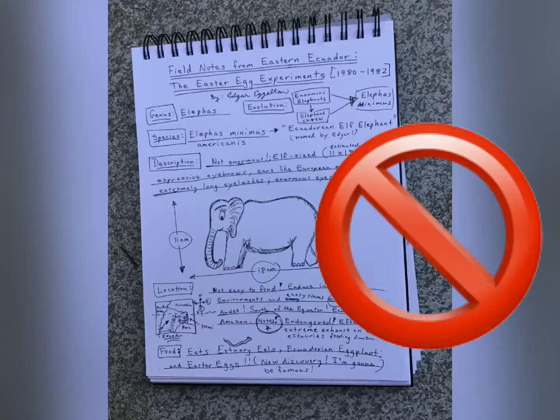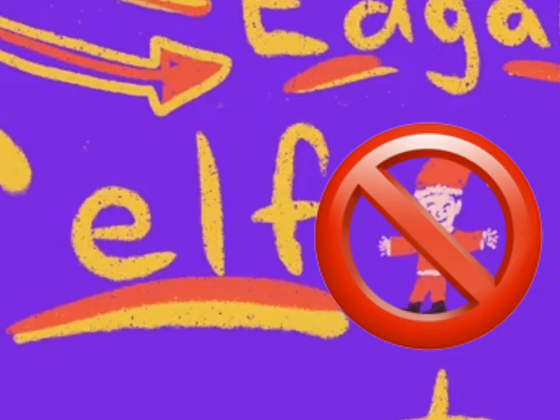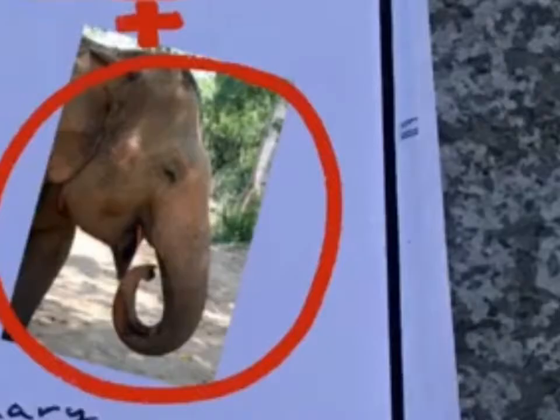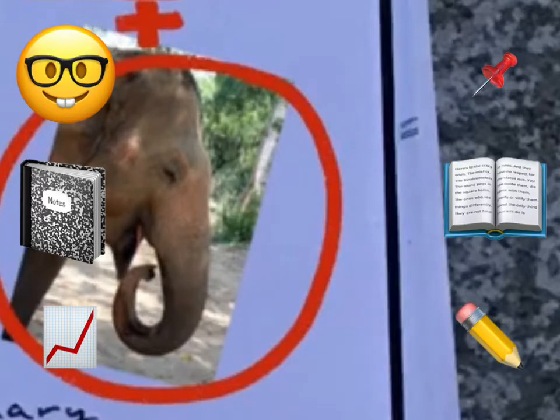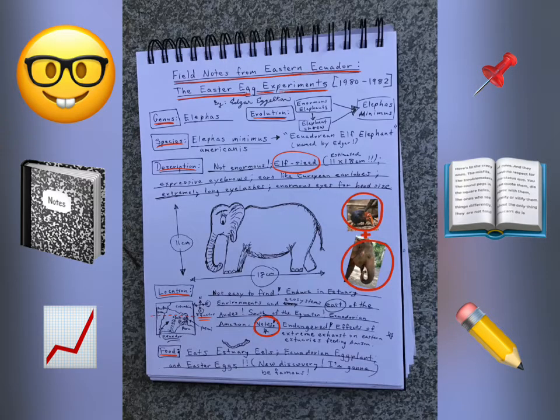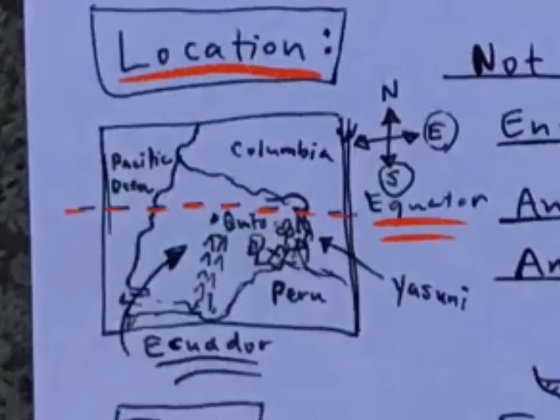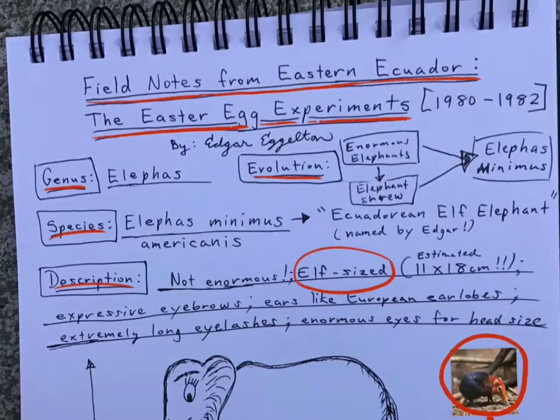In fact, neither energetic elves nor enormous elephants exist in the east of Ecuador. No, they don't. However, what if this excited and enthusiastic Ecuadorian explorer did, in fact, endure the East Amazon and explore and discover an extremely endangered species of extraordinary elf elephants east of the Andes?